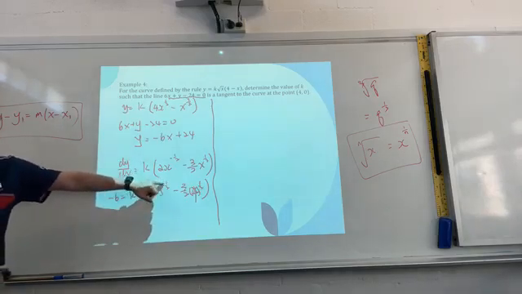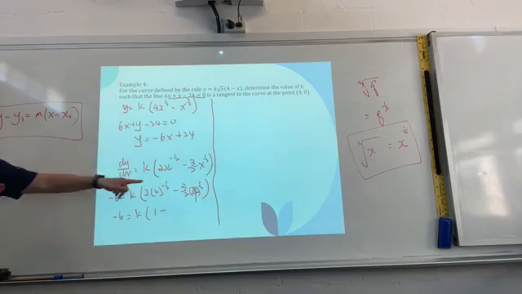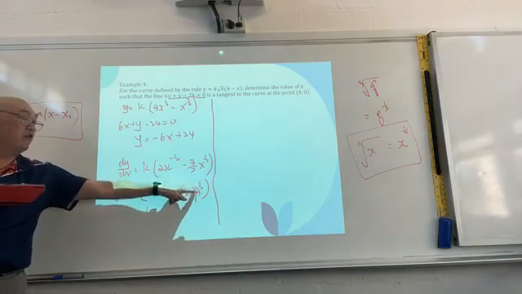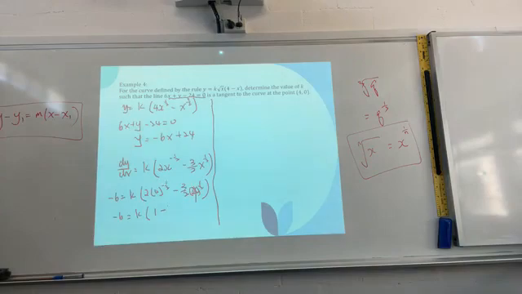Because 4 to the power of -1/2 is 1 over the square root of 4. So 2 divided by 2 is 1, minus 3/2 times the square root of 4, which is 2, you cancel that off, that is minus 3. So therefore, -6 equals -2k, and k equals 3.